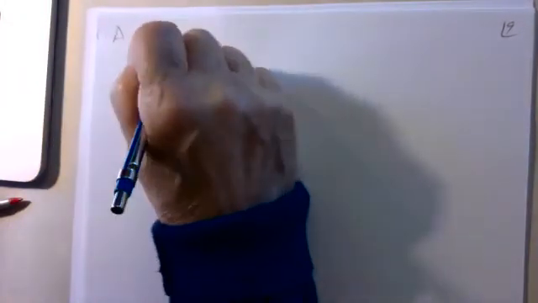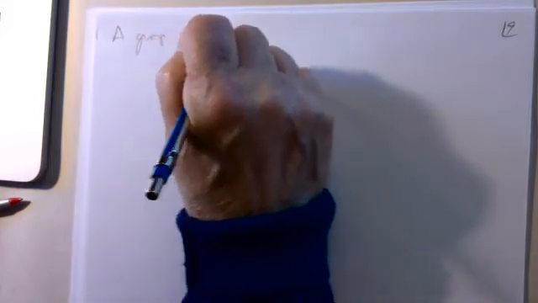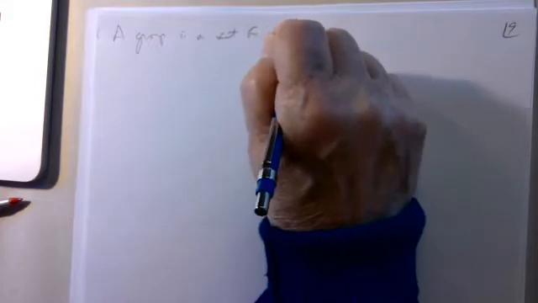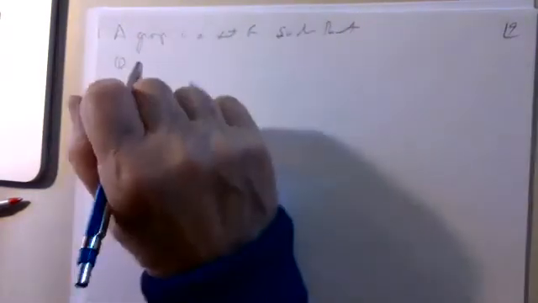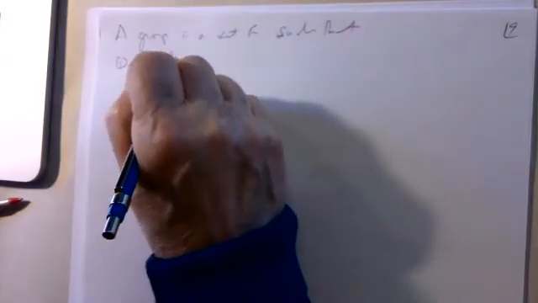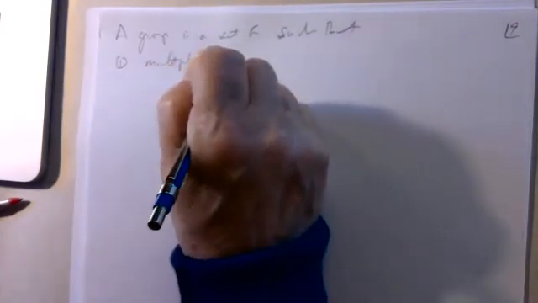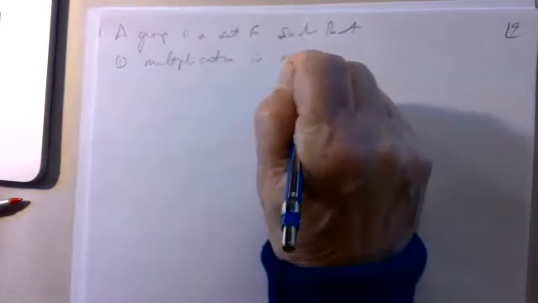And the object we're going to be studying basically until the end of the semester is groups. A group is a set, let's say G, with a multiplication such that, first of all, multiplication is associative.